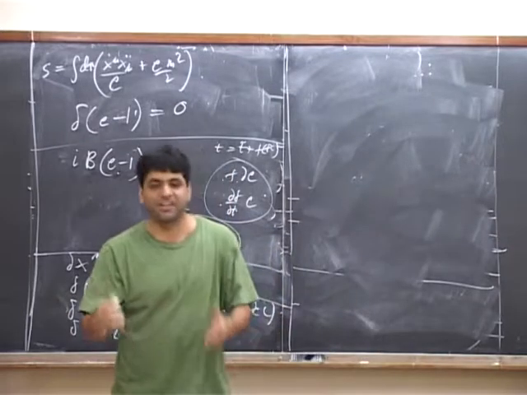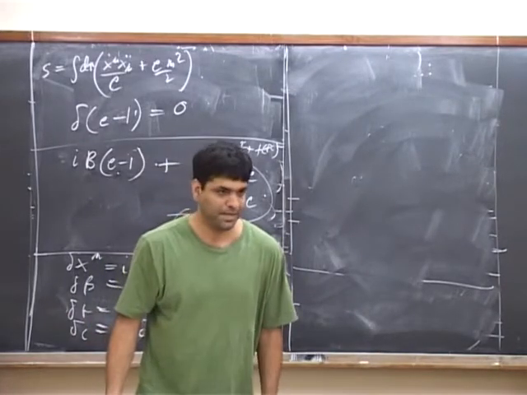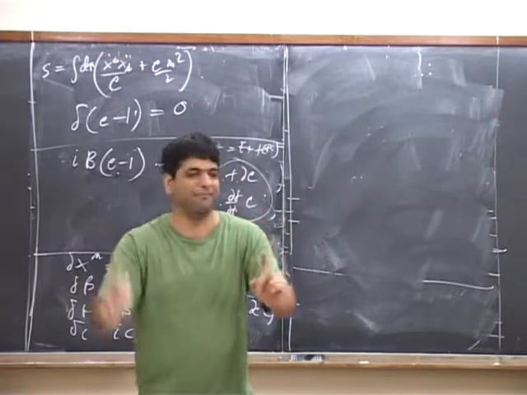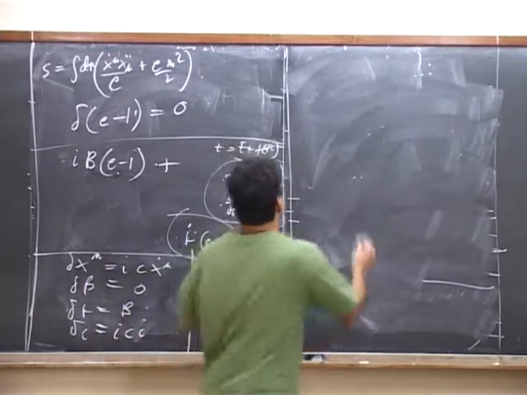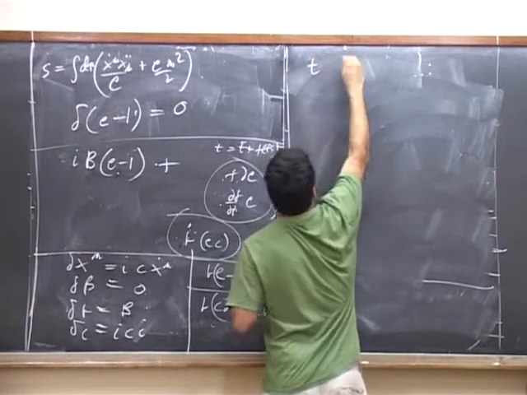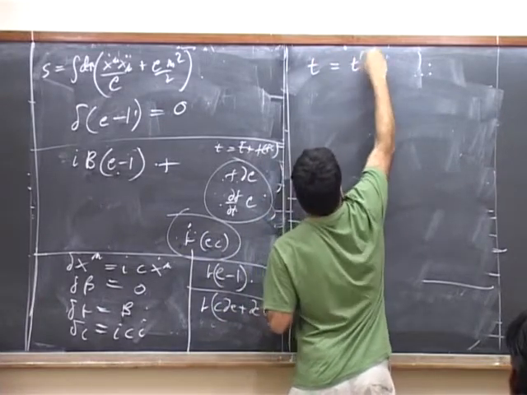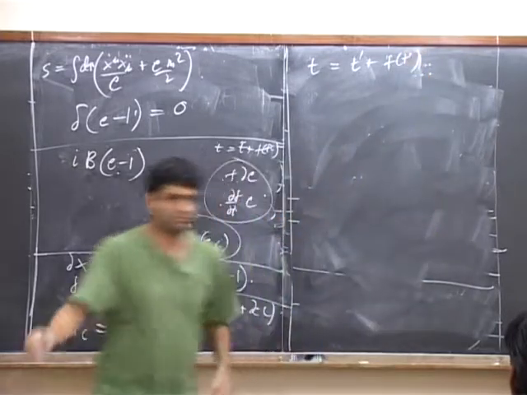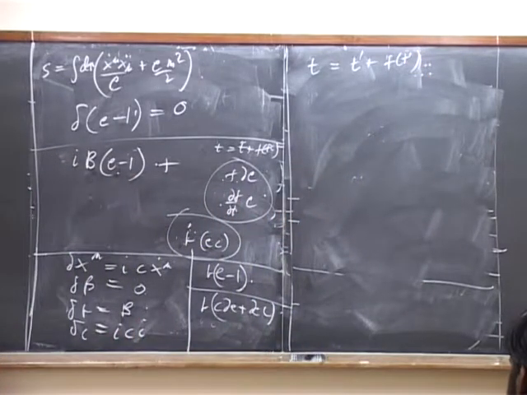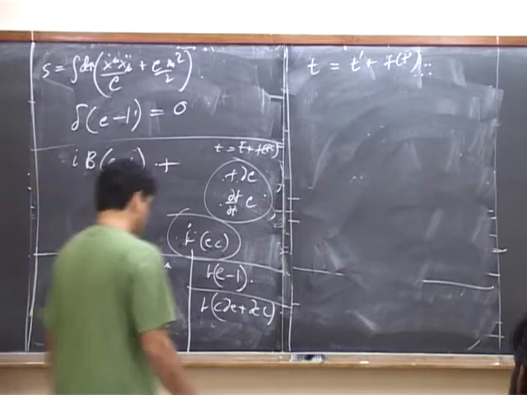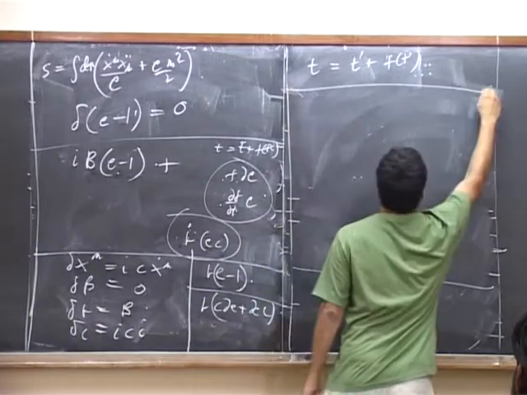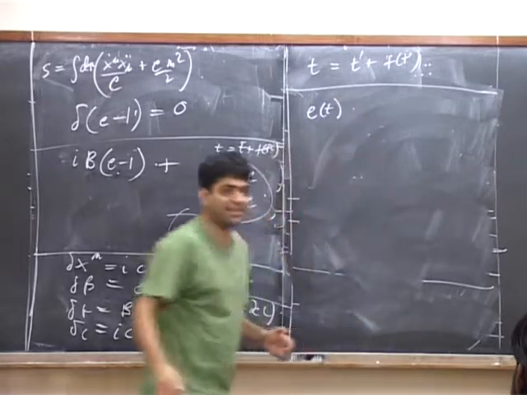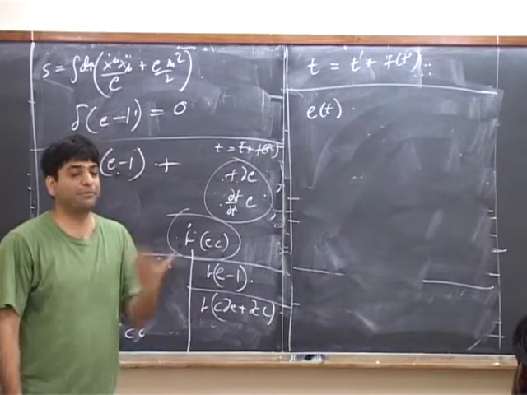How does E change under a coordinate transformation? Let's do it really carefully, just for two minutes. Suppose we have T equal to T prime plus F of T prime. So we have E of T and we want to relate that to E prime of T prime.